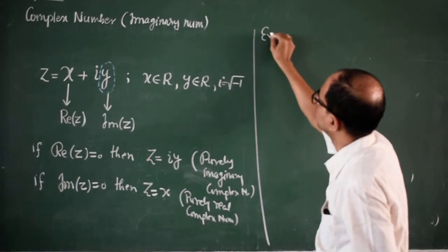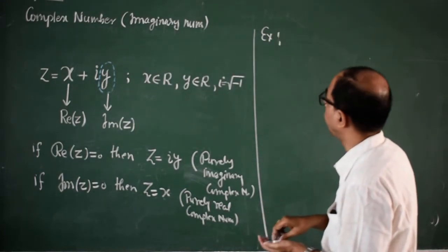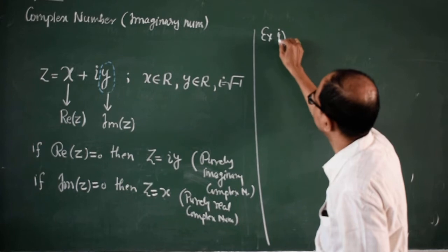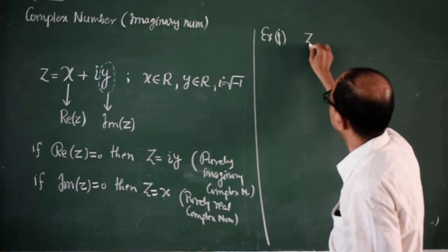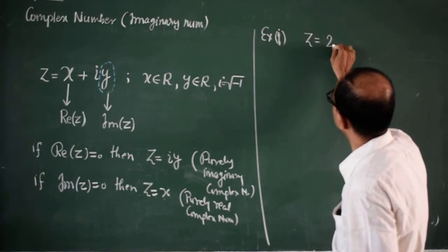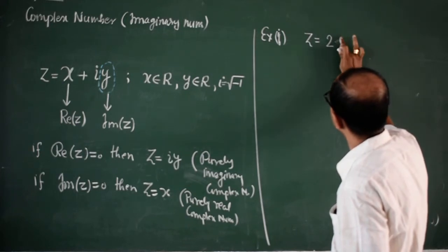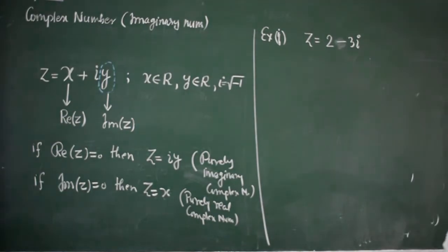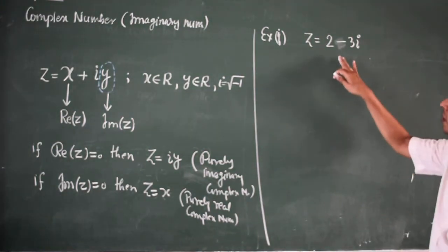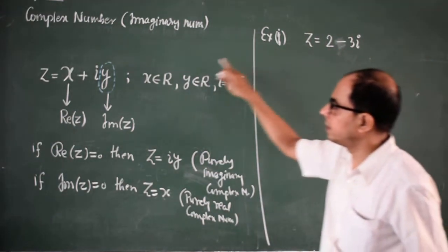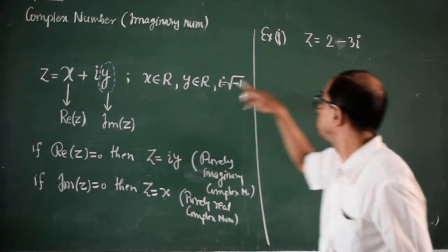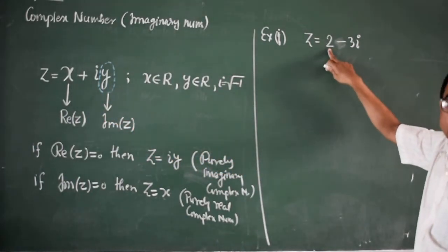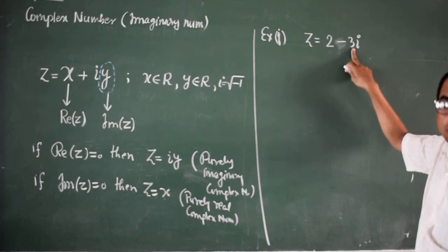Example 1. z equal to 2 minus 3 iota. Now it is a complex number. Why? Because it is written in this form x plus iota y. It has two parts. Now 2 is a real number, minus 3 is also a real number. Clear?